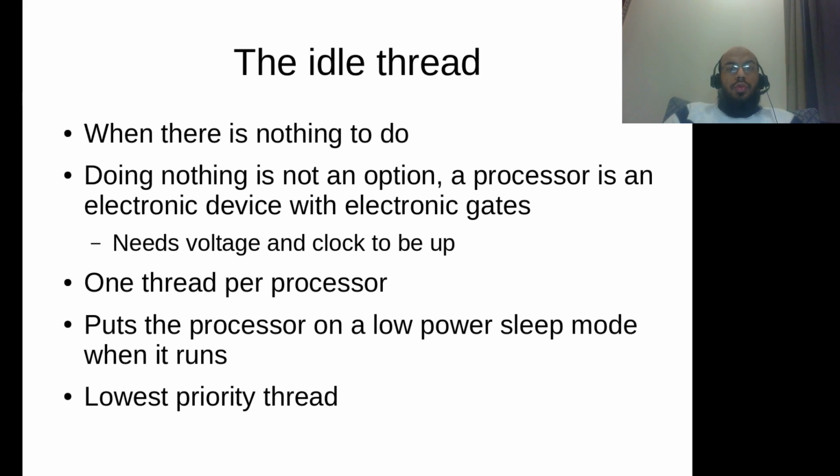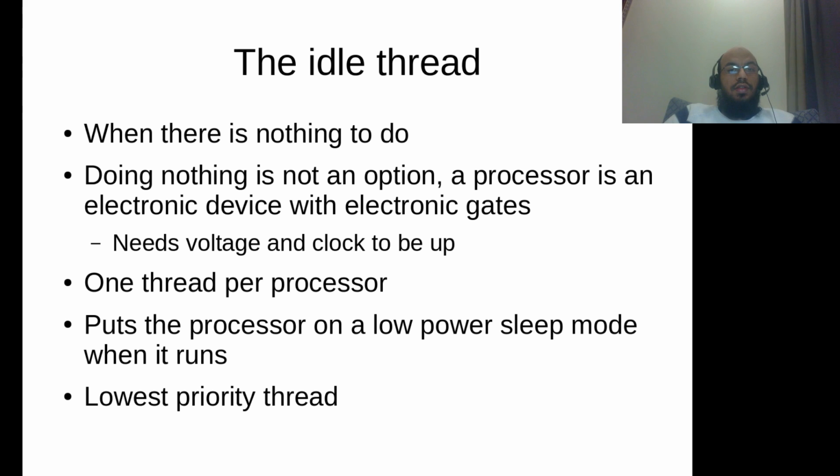When there are no threads in the system, there is an idle thread. That's a thread that gets scheduled when there is absolutely nothing on your computer to do. In theory, you can implement a zero-threaded kernel, but it's not very easy because of the way the hardware works. A processor is an electronic device with electronic gates, and as such it needs voltage and clock to be up.